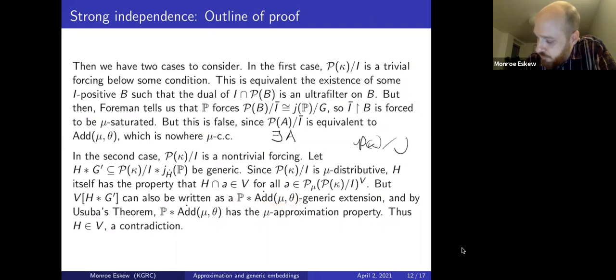So Usuba's theorem says that the two-step iteration has the mu approximation property. So this two-step iteration adds some generic thing H, which is approximated by P mu, the background forcing of V. So the property says that H is in V, but it's a generic for a non-trivial forcing, so that's impossible.